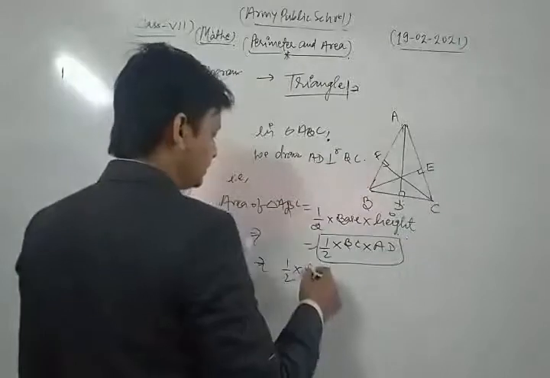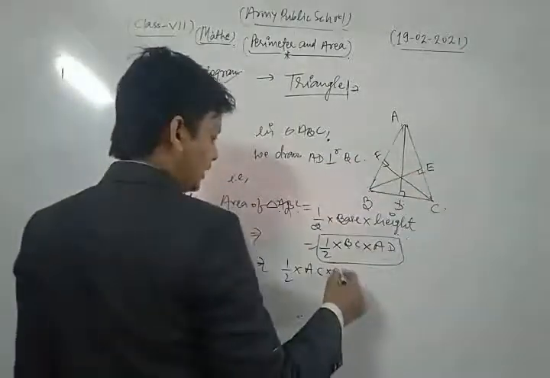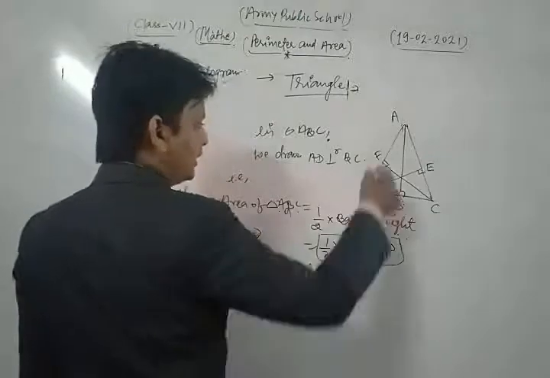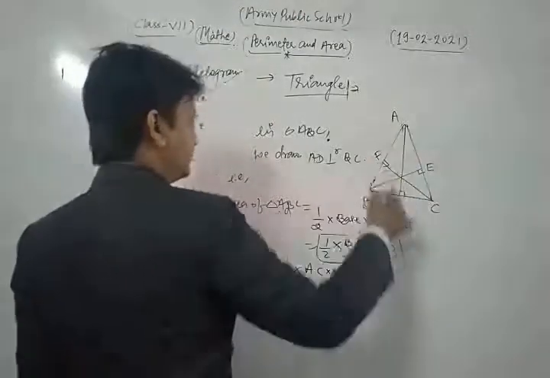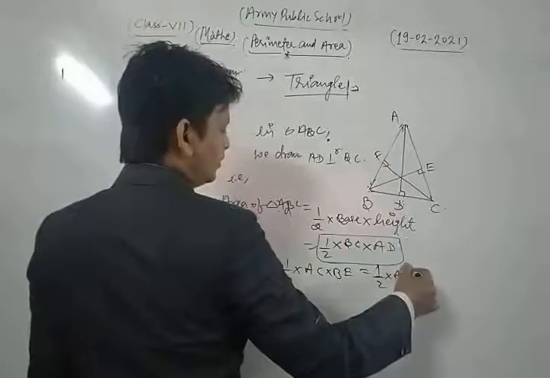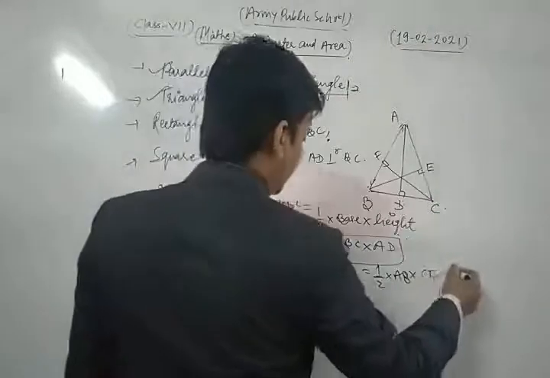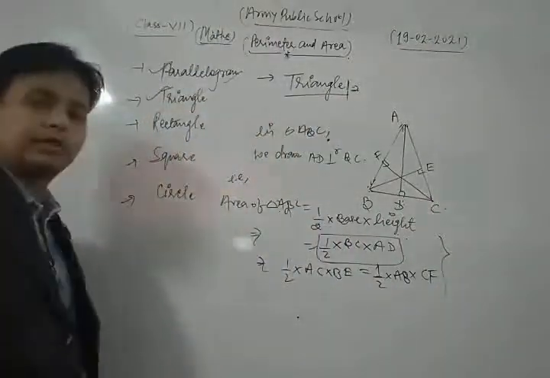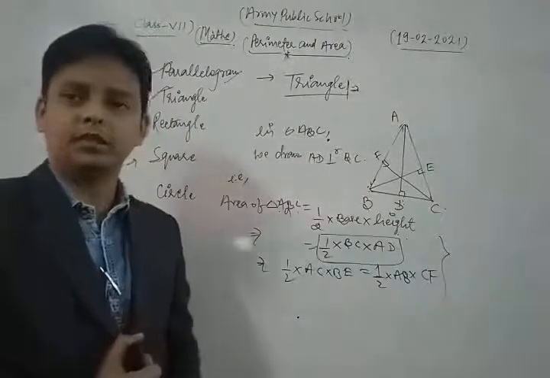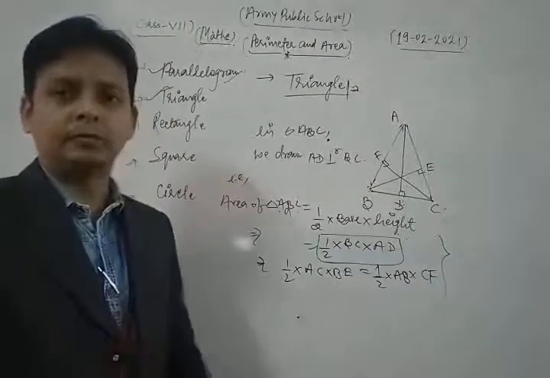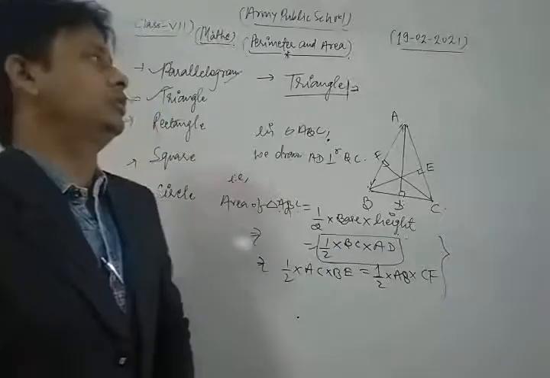If we take AC as a base, then we take the corresponding altitude as BE. Similarly, if we take base AB, then we take the corresponding altitude as CF. So all these formulas represent the area of triangle ABC. Using that concept, you can solve all the questions of your NCERT exercise or any side book based on triangle.